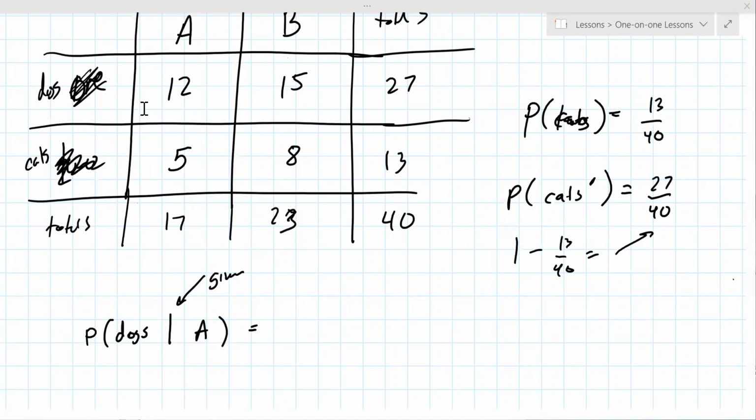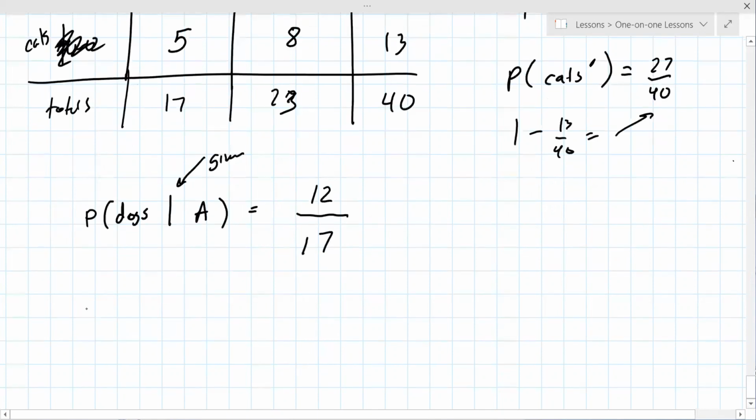Look, A is just this column. All you care about, your world is A. So how many A's are there? 17. Now how many of those A's are dogs? 12. So what's the probability of cats given A? 5 over 17.